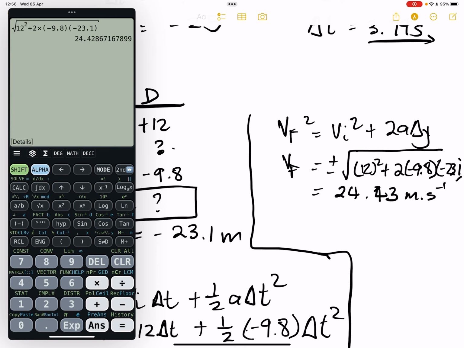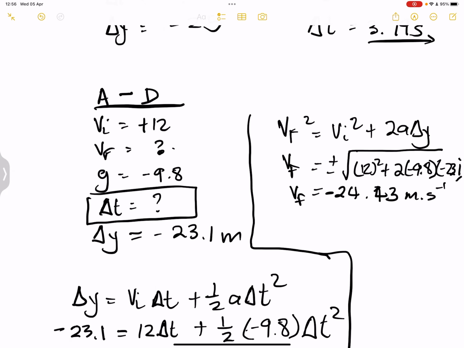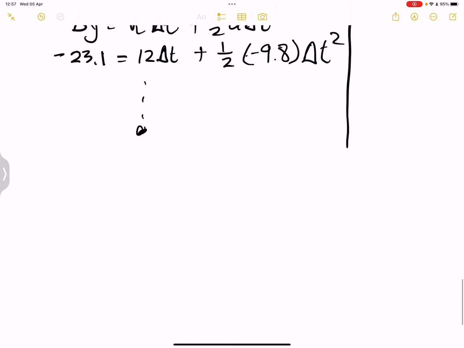Please remember, it's going to be negative because it was going down at that point. Now that I've got that velocity, what I can do is calculate the time that it takes. I'm going to use this equation, Vf is Vi plus g delta t. In fact, let me just write it at the bottom there. Vf is Vi.